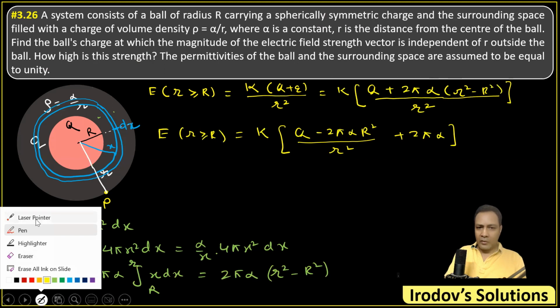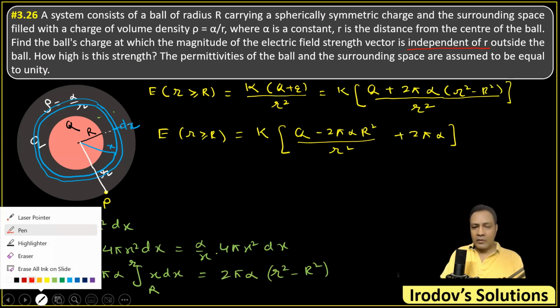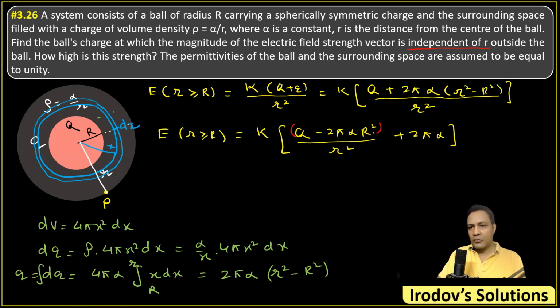I can get rid of small r in this expression only if this term becomes 0. Even if there is some r in the denominator, it will be of no consequence, since the whole expression will become independent of r only if this whole thing becomes 0.